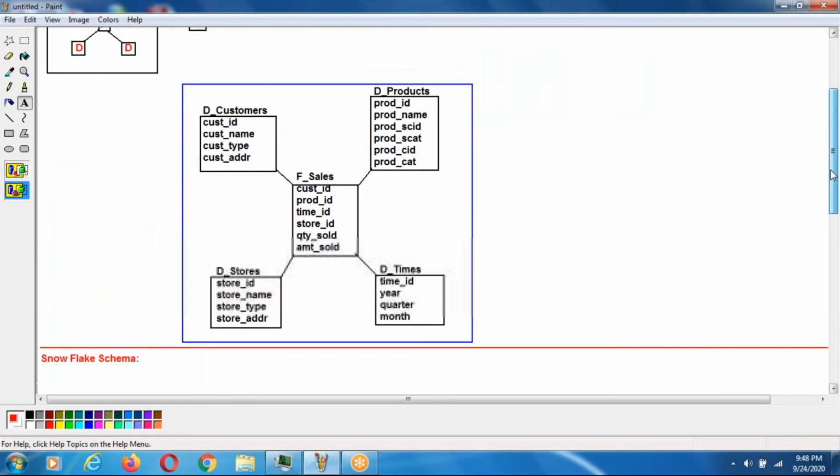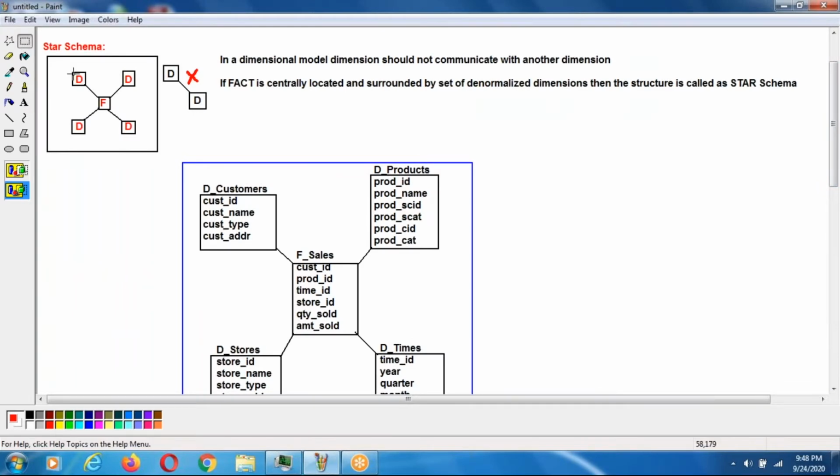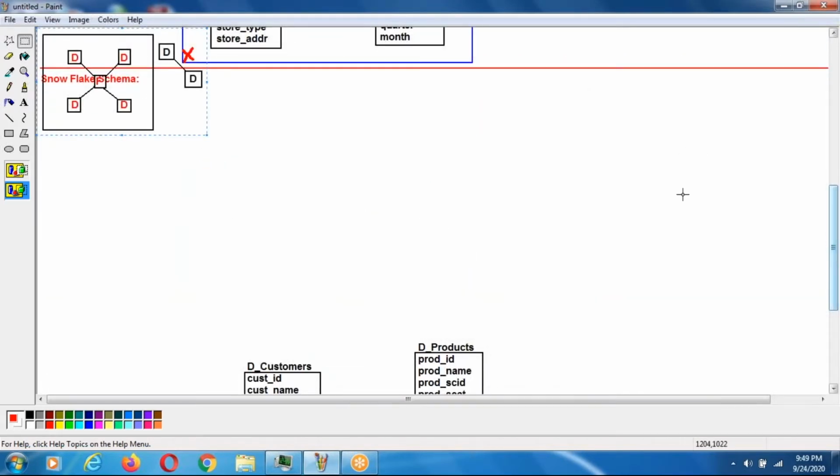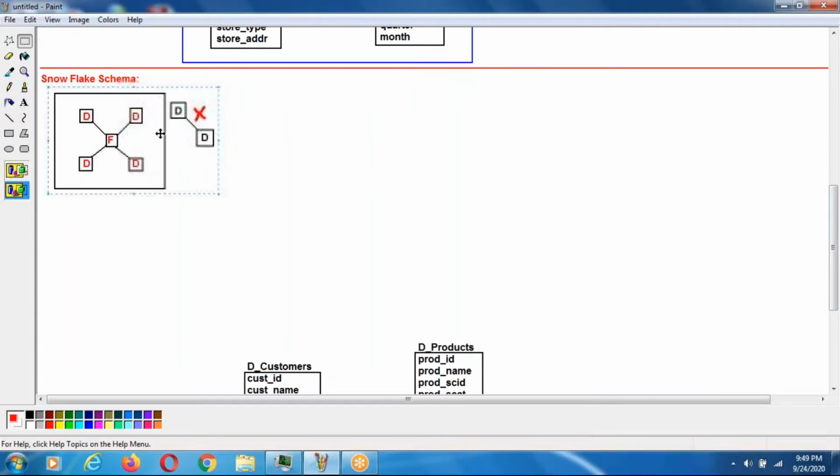So what is that special rule? Here, a dimension can communicate with another dimension. It is allowed. So if any two dimensions are communicating with one another, then that structure is called as Snowflake schema.